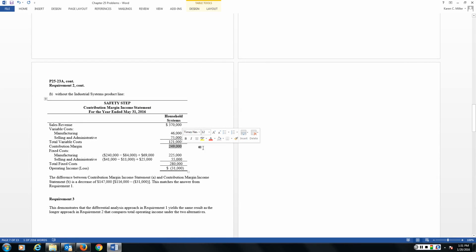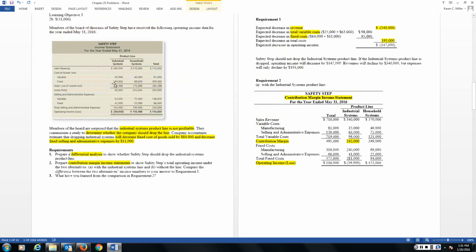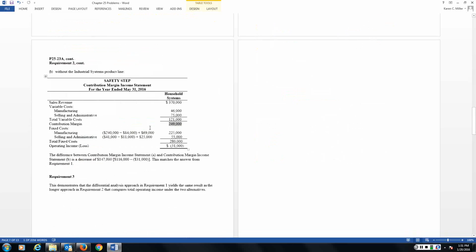But what does change is with our manufacturing cost, if we go up to the top, household had $69,000 in fixed cost of goods sold and $25,000 in fixed selling and administrative expenses. Those costs remain. They do not change because household is still here.